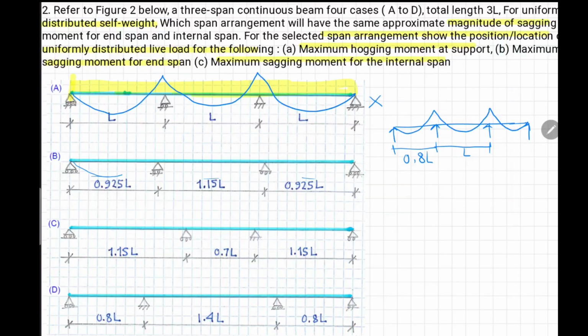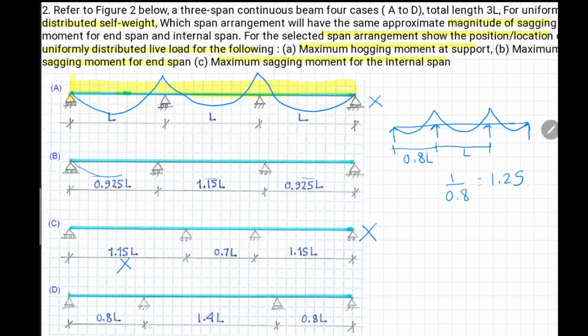So if I check the ratio L over 0.8L, it gives approximately 1 over 0.8, 1.25. So this case is out. We cannot have a longer end span.